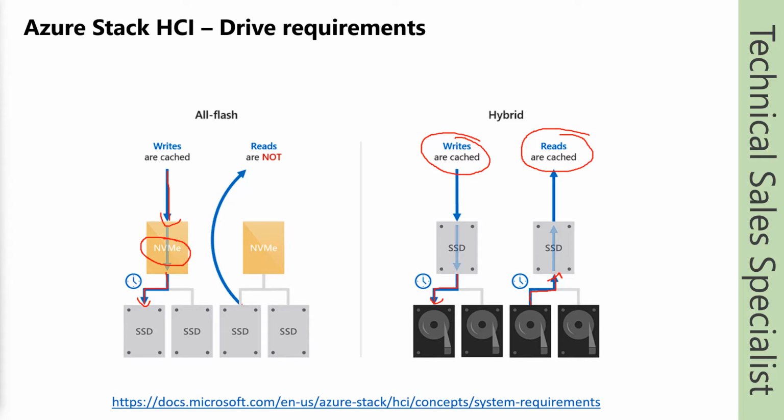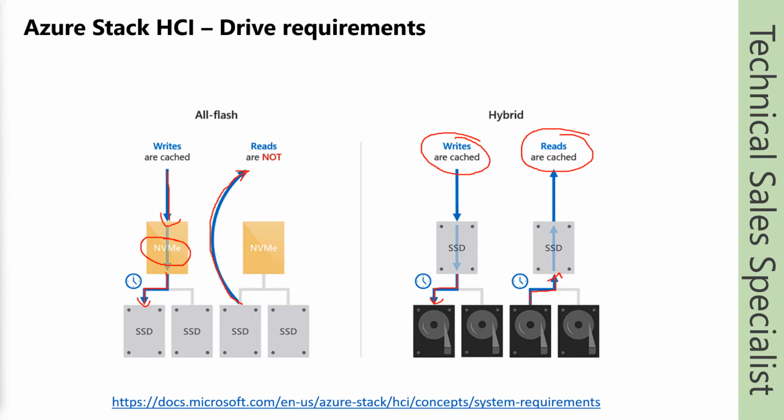When we read data, reading data directly from an SSD nearly has no impact on the endurance. But if we would put everything into the cache and then read it from the cache again, this would be an additional load on the cache drives that would reduce their lifetime, which would increase their drive writes per day. And this is the reason why in an all-flash scenario with cache, reads are not cached.